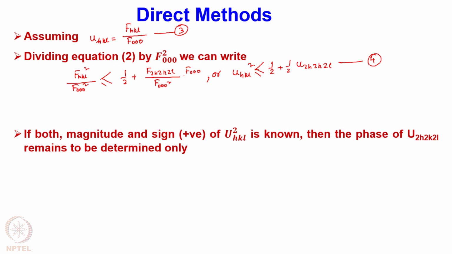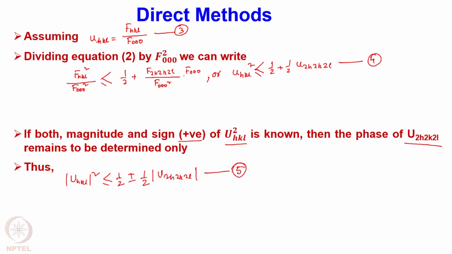If both the magnitude and the positive sign of UHKL square are known, then the phase of U2H 2K 2L remains the only parameter that has to be determined. Thus you can write mod of UHKL square is less than or equal to half plus or minus half U2H 2K 2L, as equation number 5.